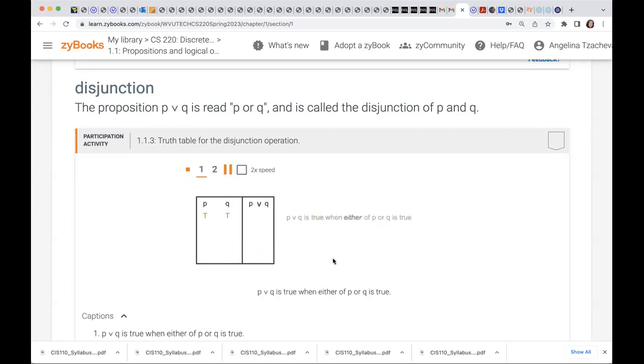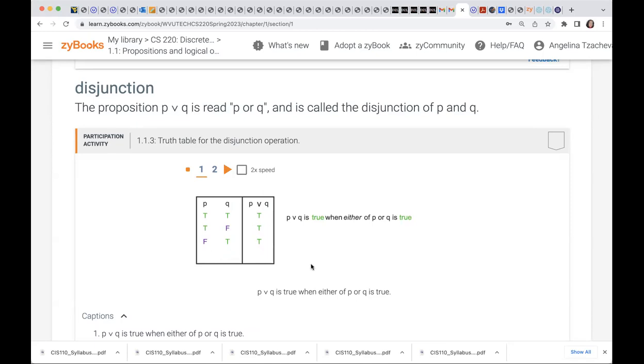So this is the opposite of what we just saw with the AND operator. In this situation, only one of them needs to be true. So when only one of them is true, the disjunction is also going to be true.